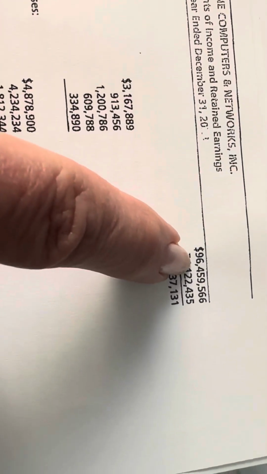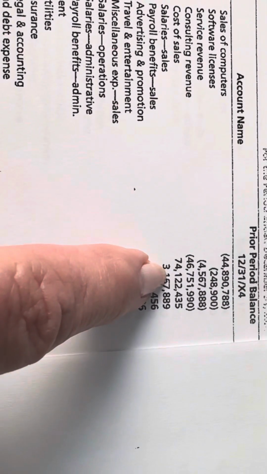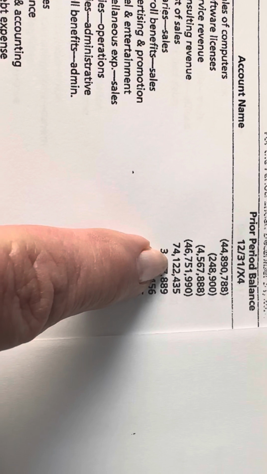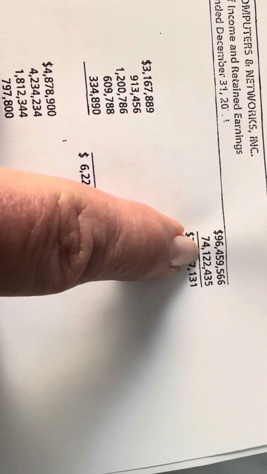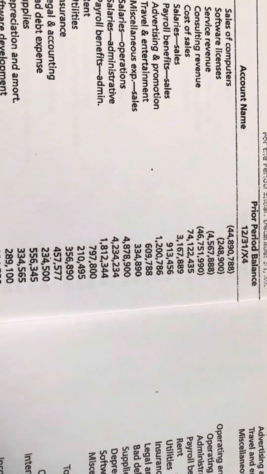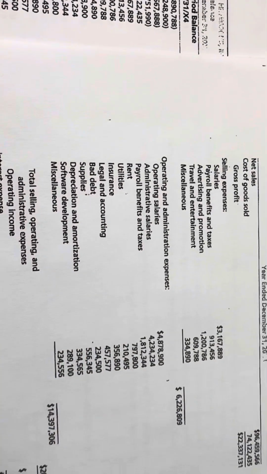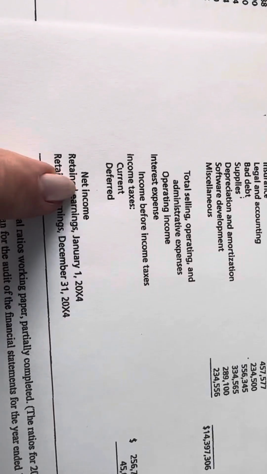If you add those 4 numbers up, they're going to equal this $96 million here. The next number that you have is the cost of sales, $74,122,455. That's the number over on the cost of goods sold or cost of sales, and that's subtracted from sales to get gross profit. So if you go down through all of these, the first column matches up with last year's income statement. Sales minus expenses equals net income.